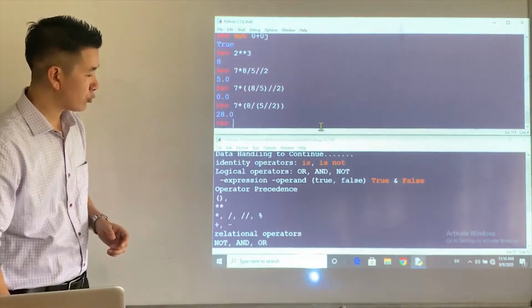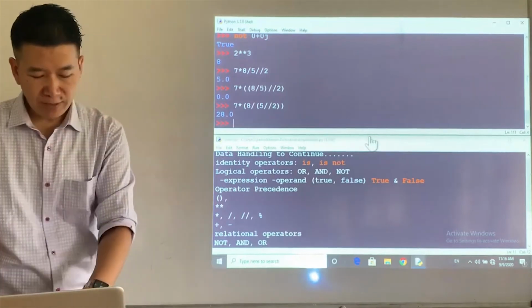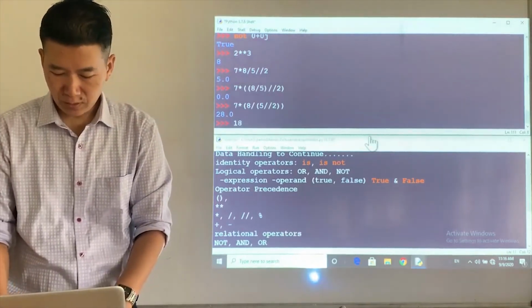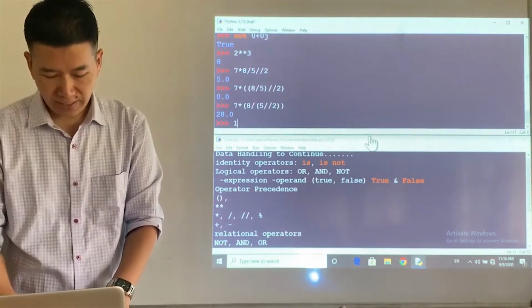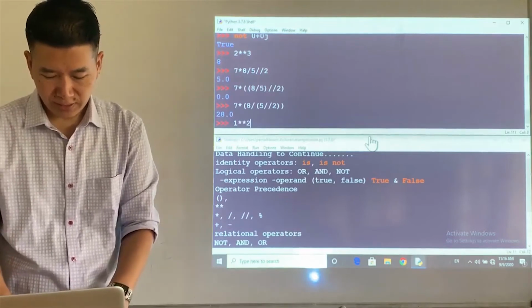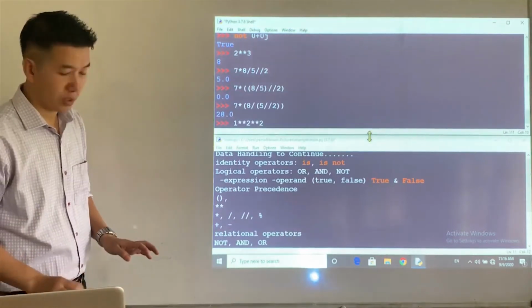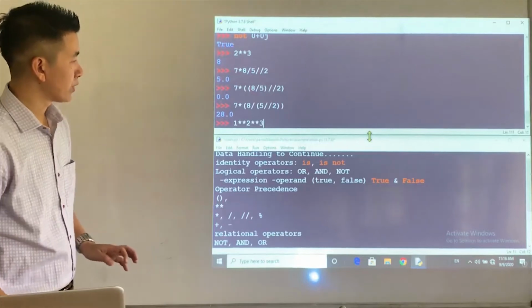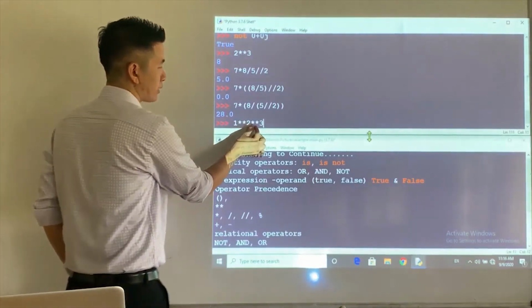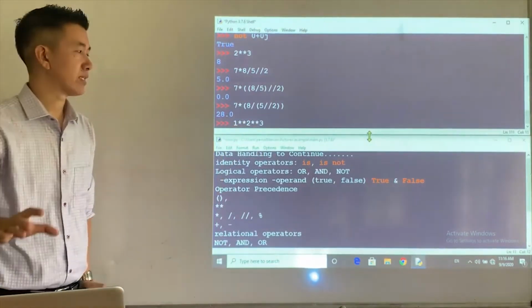But there is one exception. Let's say I have an expression like this: 1, 2, and 3. Now you have 2 exponentiation operators. This is the only exception.